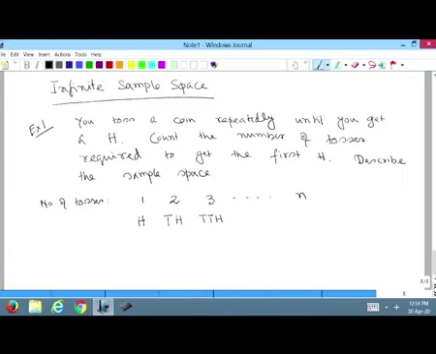If it is n, that means you got first n minus 1 trials, all of them are tails followed by a head, and n can be any positive integer.